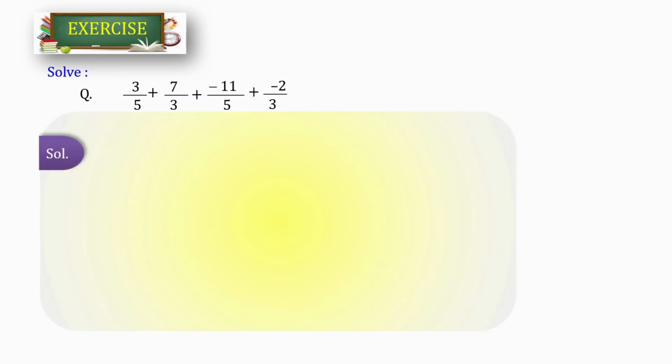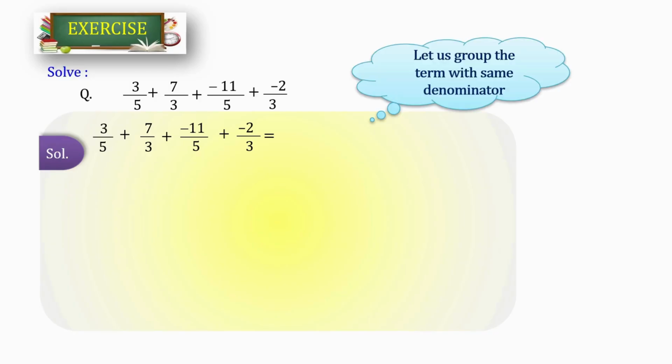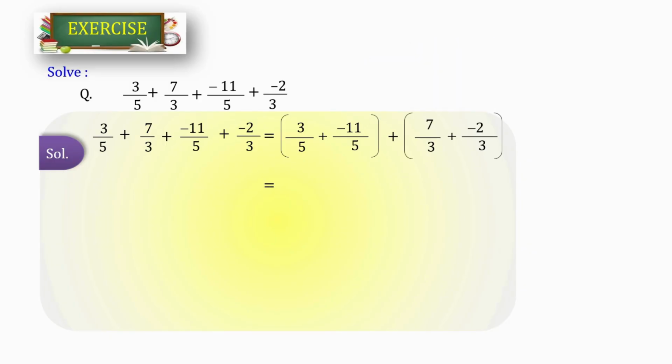Now let's take another one. Now let us group the terms with the same denominator. First we need to group the terms having the same denominator, and we have to write the sign properly.